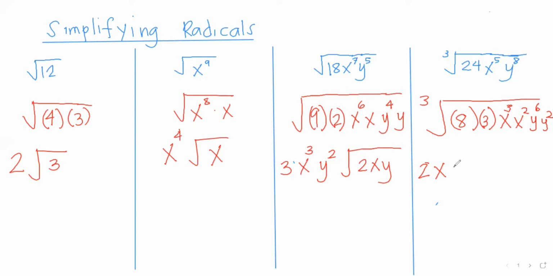And then lastly, you have y to the power of 2. And then you have the radicand as 3x squared y squared. That's the final answer. That's all.